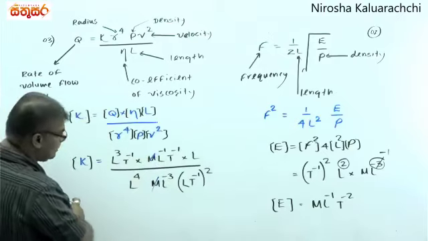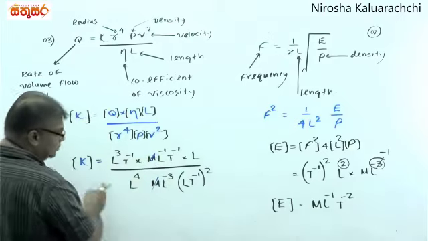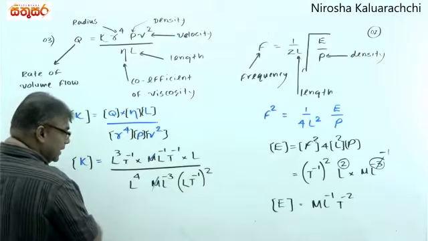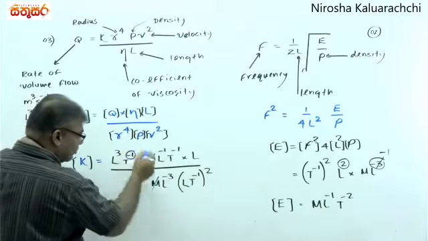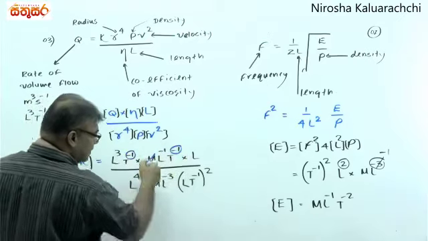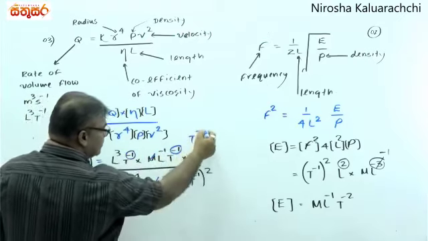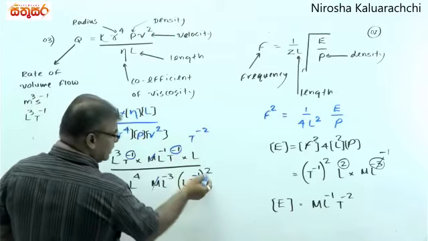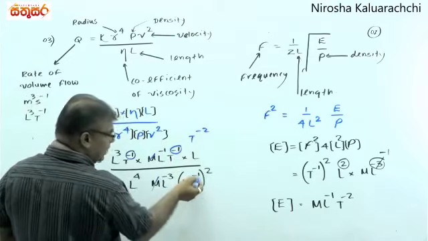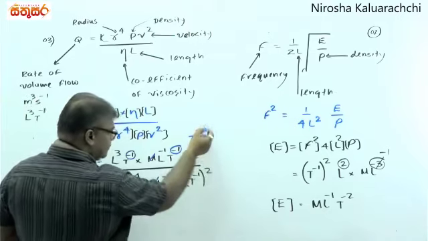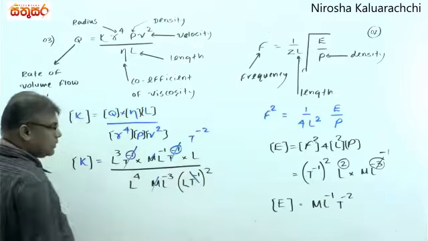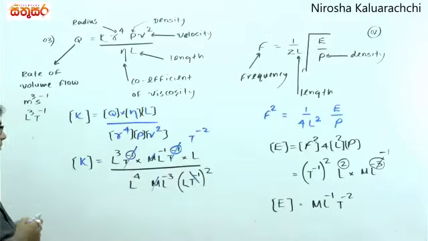Finally, we don't have M, no? All the M cancel. T, here T minus 1, T minus 1, T minus 2. Uppercase T minus 2, lowercase also T minus 2. T to the power minus 1 twice, no? Those two cancel.